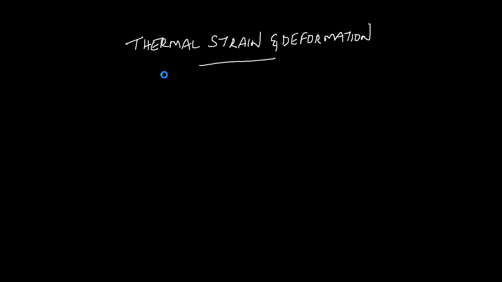For a homogeneous isotropic body, the thermal strain by, say, a temperature change of delta T can be expressed as: the thermal strain, let's call it epsilon T, is directly proportional to the change in temperature.